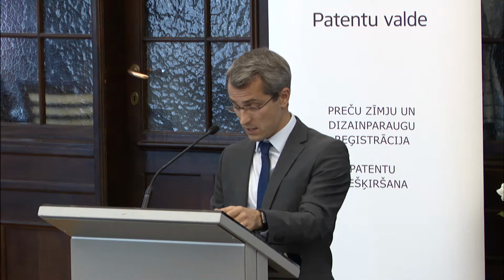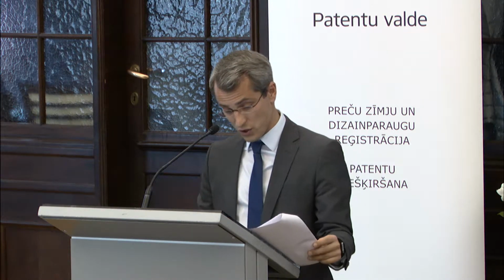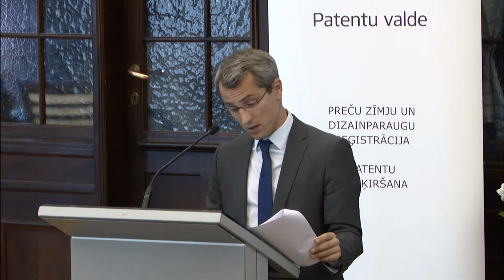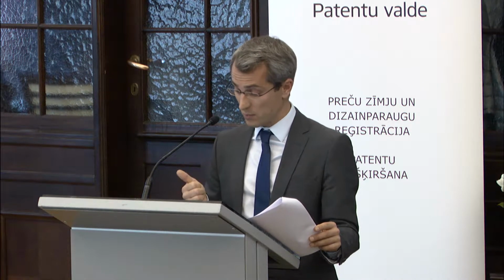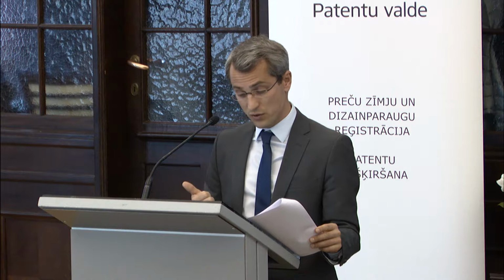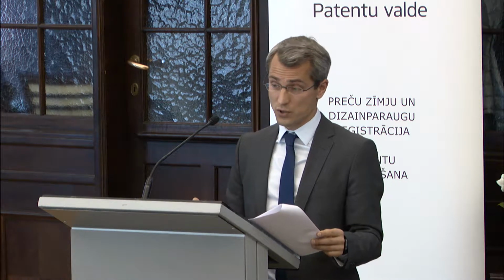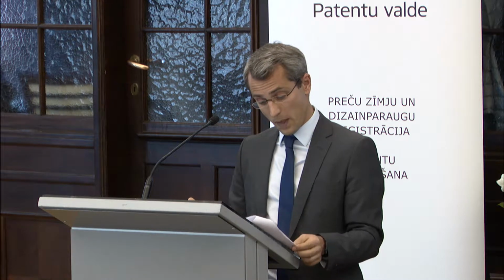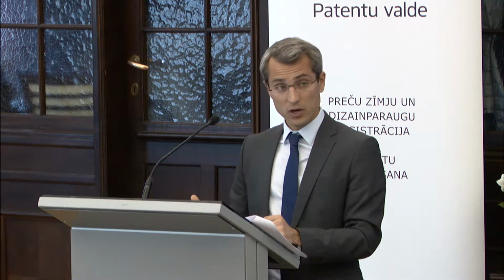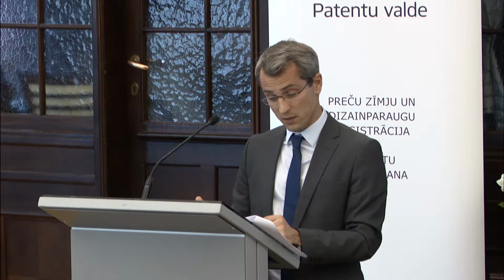The article says that a design shall be considered as made available to the public if it was published, exhibited, used in trade, or otherwise disclosed. So the forms of disclosure can be very different. And then the second part gives you an exception to the disclosure.